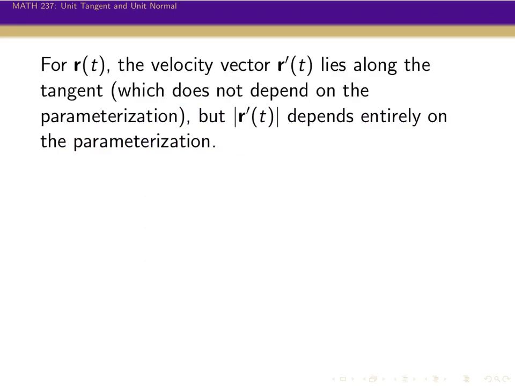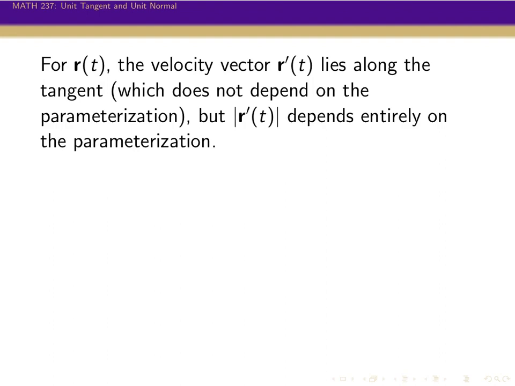If we have some vector function r of t, we know that its derivative, r prime, called the velocity vector, is lying along the tangent to the curve. So the tangent line to the curve does not depend on the parameterization. That's something inherent to the curve itself.